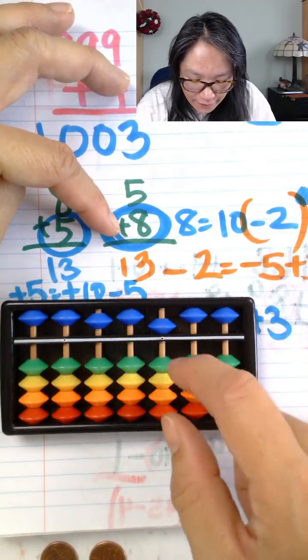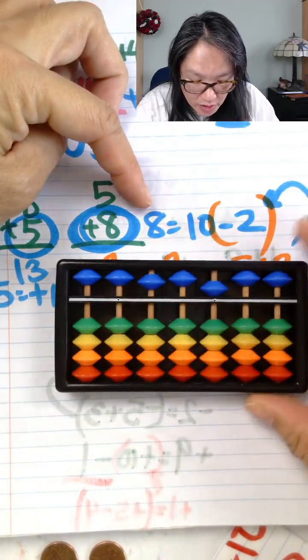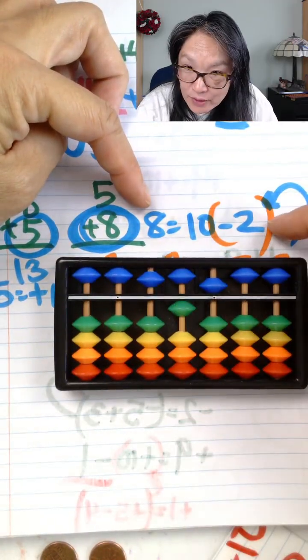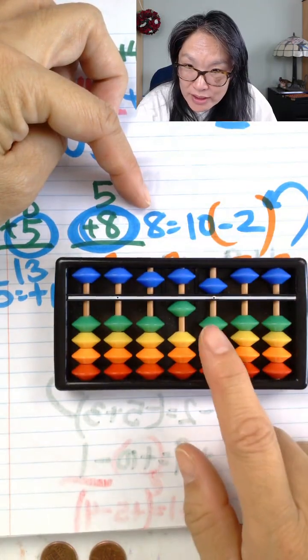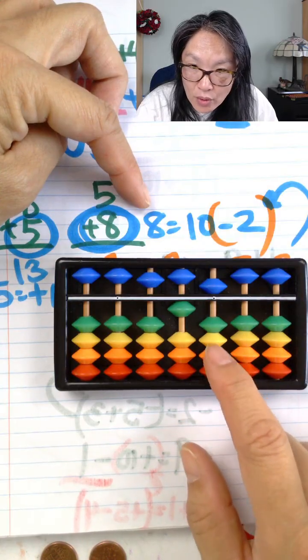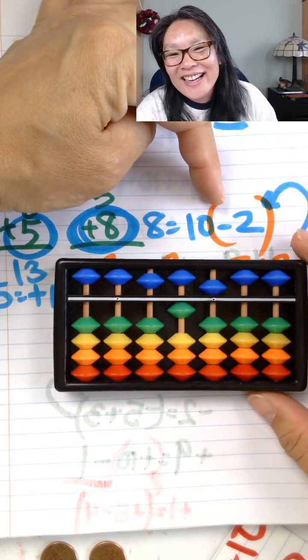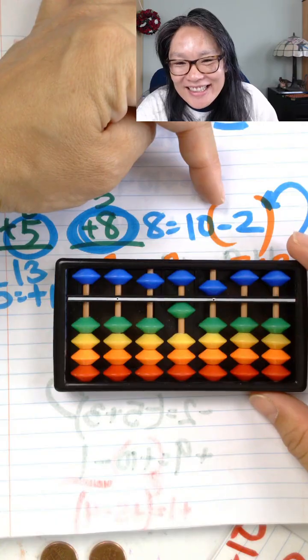When we have 5, we want to add the 8. To add the 8 now, we plus the 10, but we have to take away the 2. We don't have any more random beads to take away the 2, but we know how to. We utilize this 5. Thank you, Carter, for the heart.